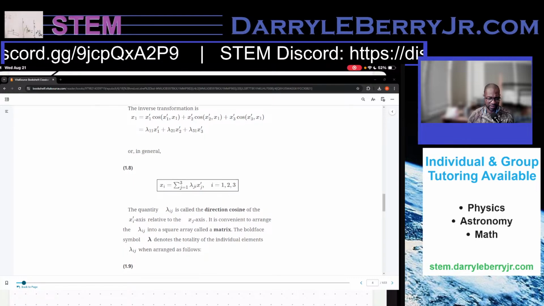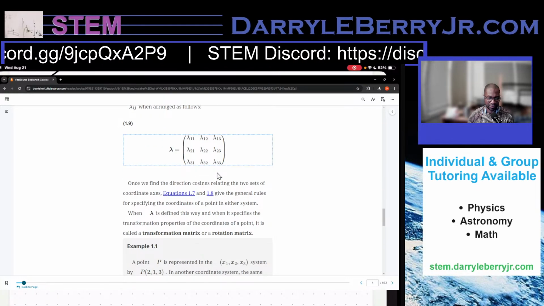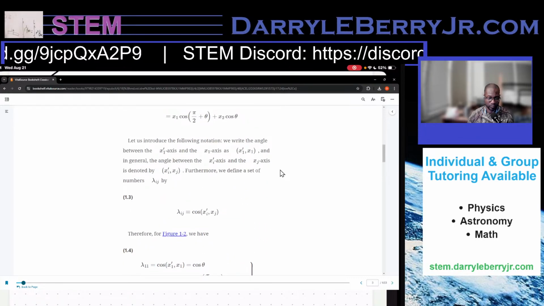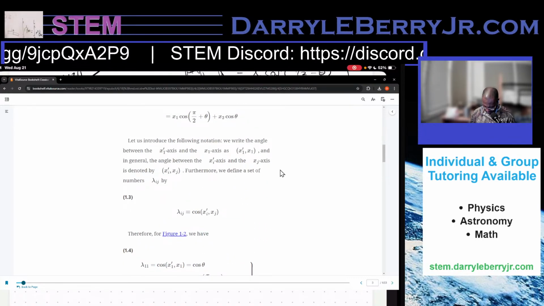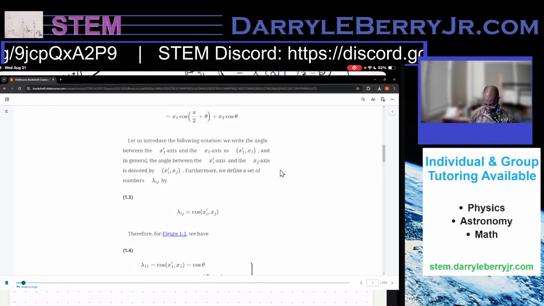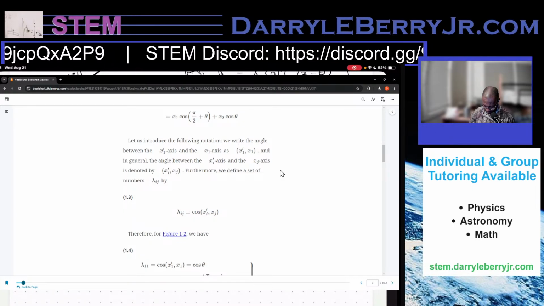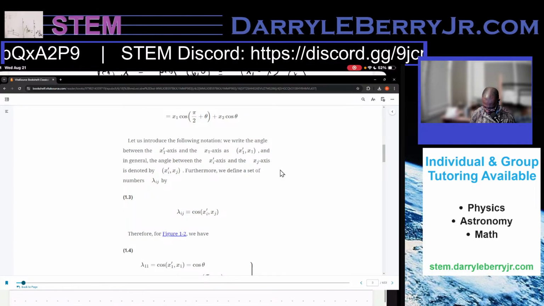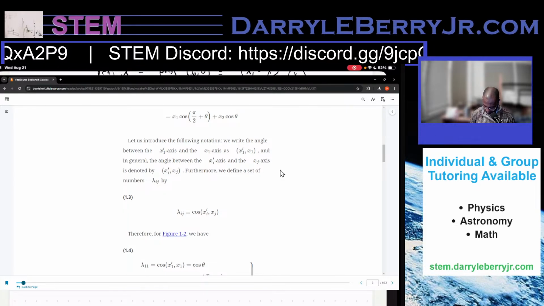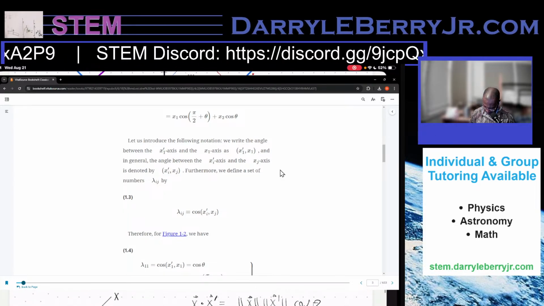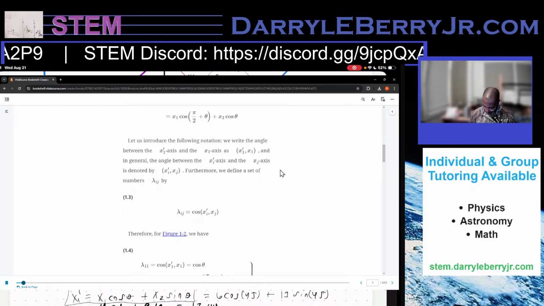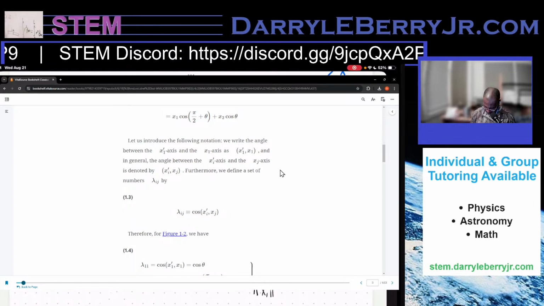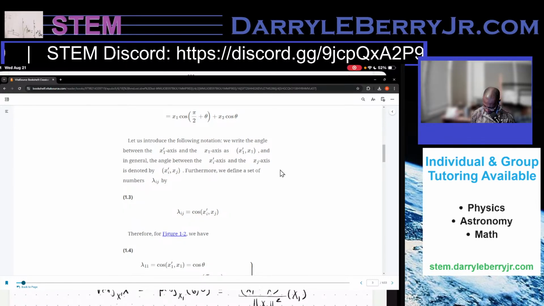Interesting. I think they're making a matrix out of those numbers. Okay, now this is something I don't think I've seen before. So I got y prime from adding these two, and x prime was the same up here, adding those together, and x1 would have been this point, the projection of x onto x1.